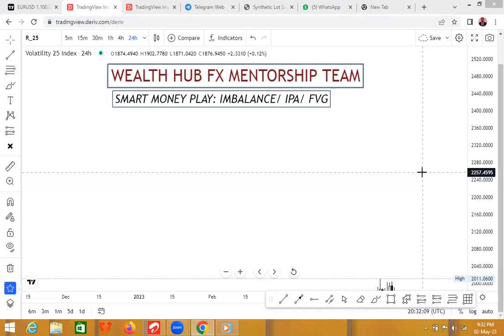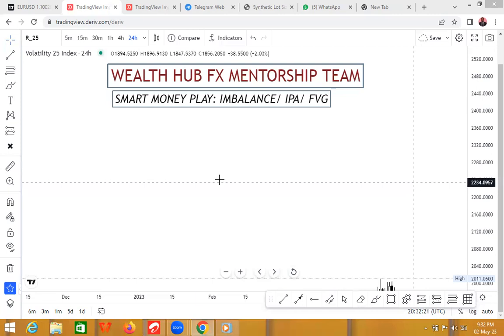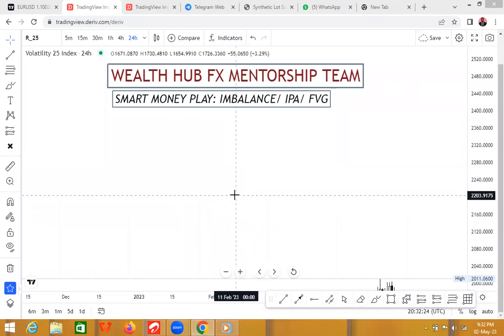Then for the sell, we have price selling. All of a sudden, you see one bullish candle standing on its own. In future, price will need to come back to mitigate the orders that were placed in that candle.